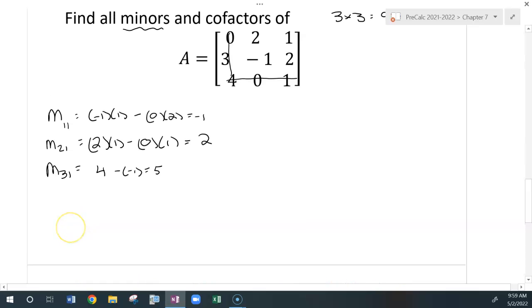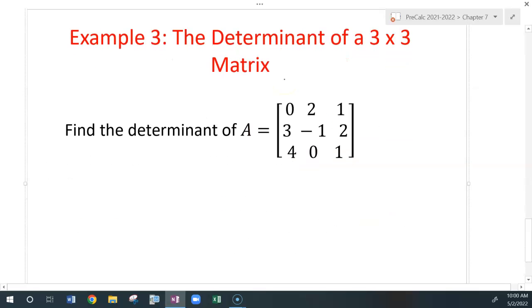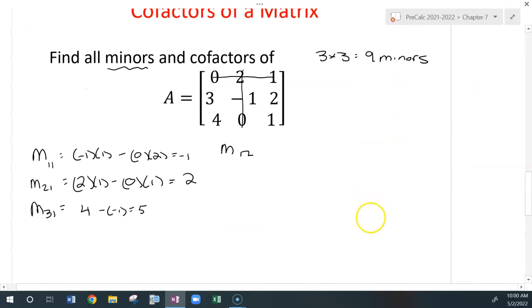Okay, now I'm going to go and do my next column of minors. So right there. Second column, first row. So M12, 3 minus 8. M22.